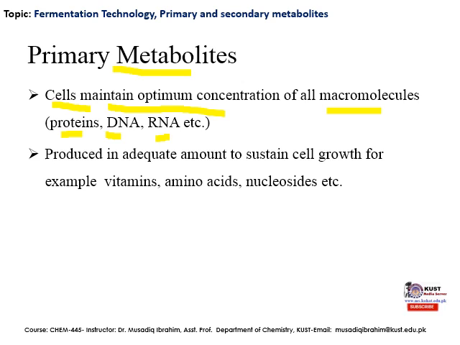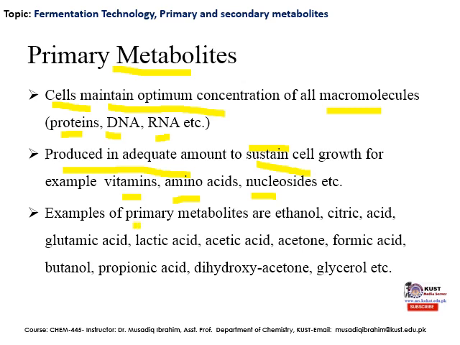Now, these primary metabolites are produced in adequate amount to sustain the cell growth. For example, the vitamins, the amino acids, the nucleosides are primary metabolites, and they are needed for the sustained growth of the microbial cells.